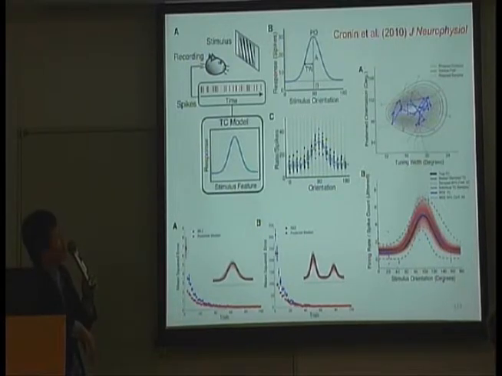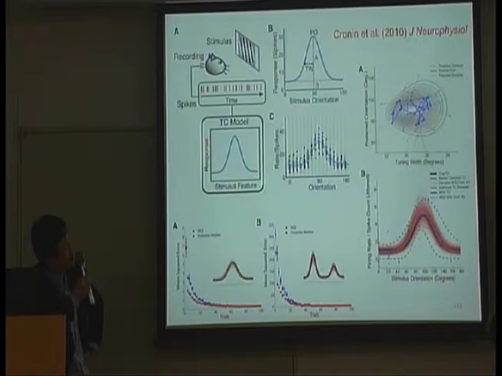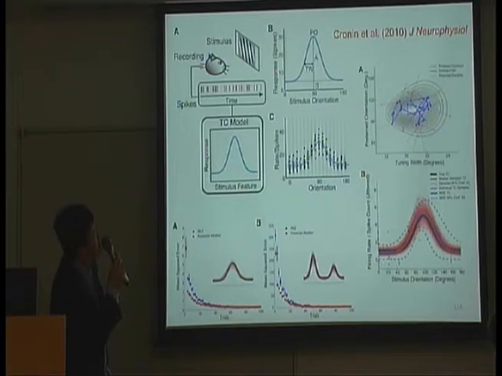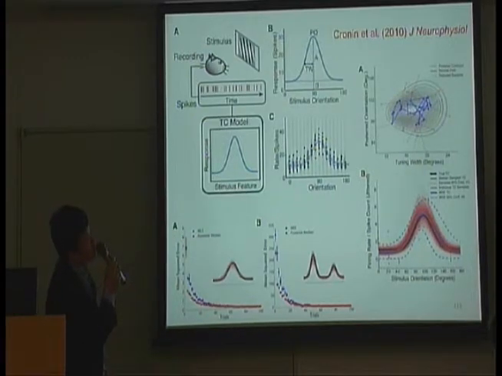Here, this example shows V1. The V1 receptive field has two parameters: one is the orientation, the other is the width. The TW parameter is the tuning width parameter. Ideally, for an individual unit, you want to characterize these two parameters, and you have the basic formulation.